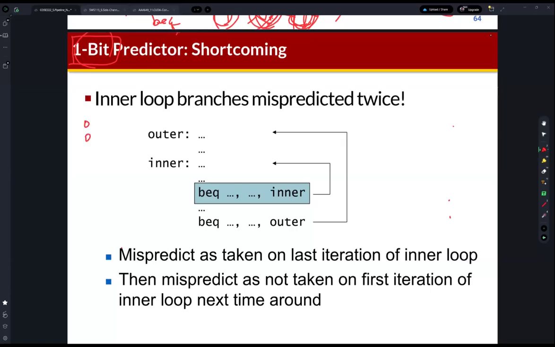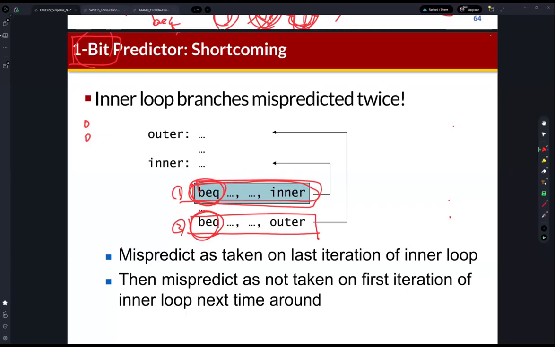And then there are two branch instructions here, right? And I explained that a branch predictor needs to store the previous events for individual branch instructions. Which means that the branch predictor stores the previous event for this branch, 1, and also the previous event for this branch, 2.